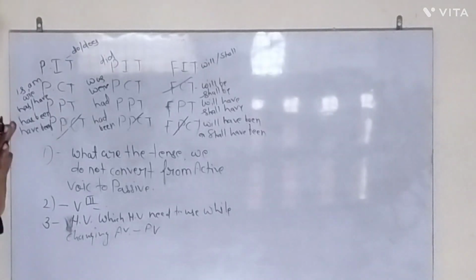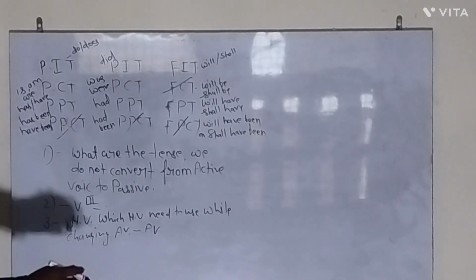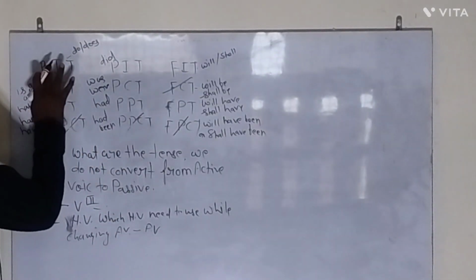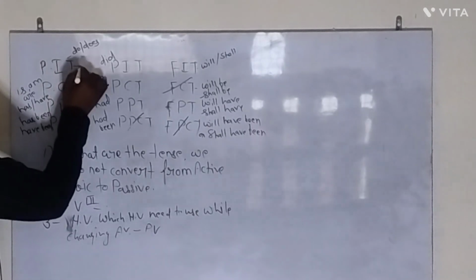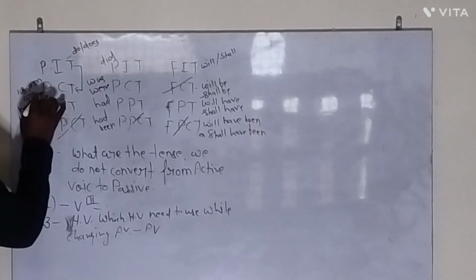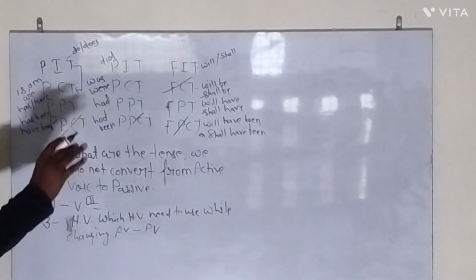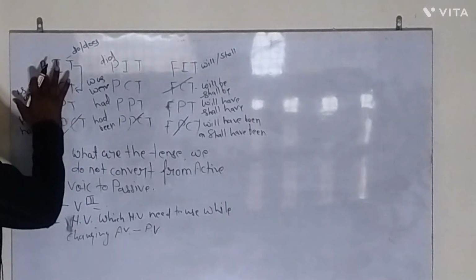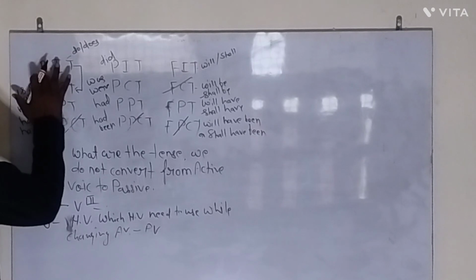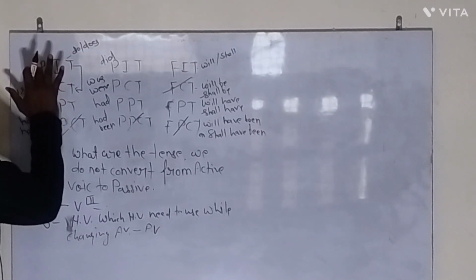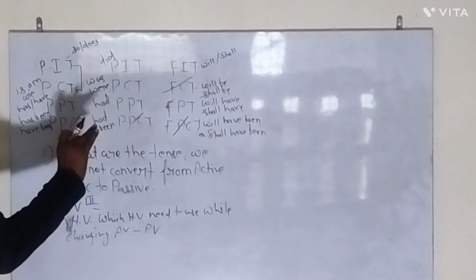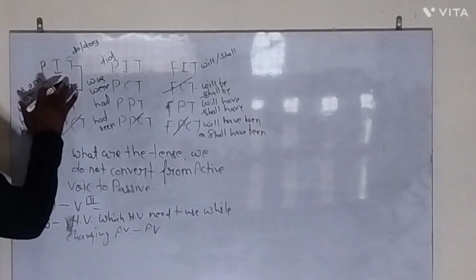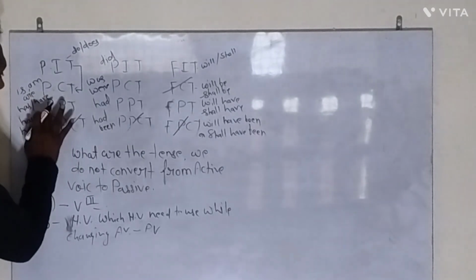Understand here, in a very simple form: if you get any sentence of present indefinite tense, then we always have to use the helping verb of present continuous tense, down, that means one step down. If any sentence is of present indefinite tense, then while converting to passive voice you need to use the helping verb of present continuous tense. Similar here.